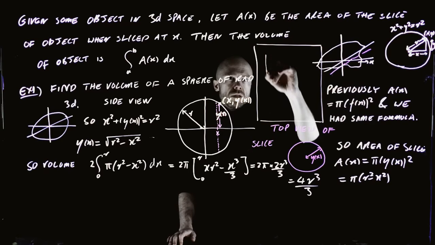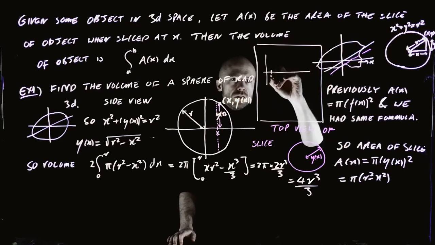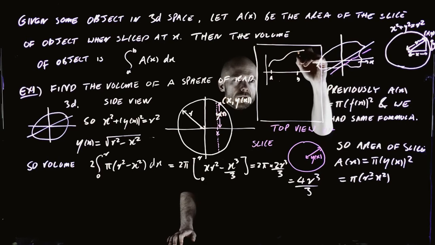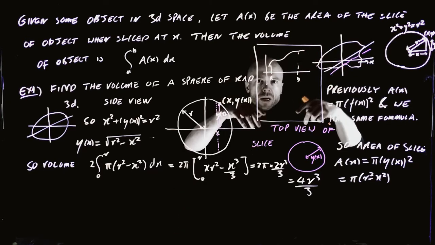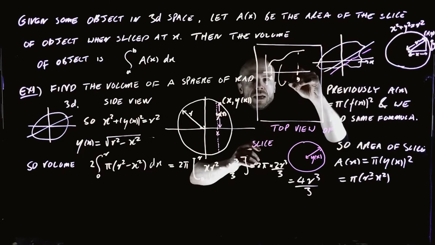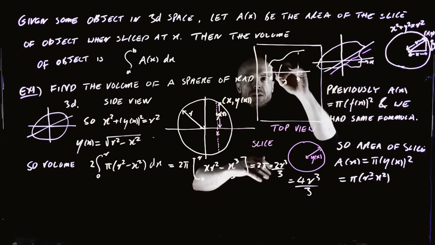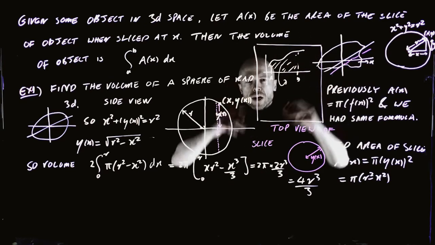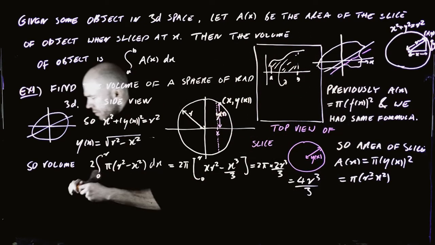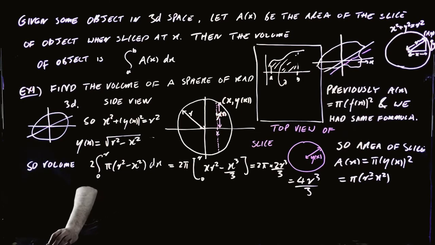So if we have some function defined over some interval a to b, and we rotate around an axis, imagine taking this thing and rotating it around. You're going to have this volume swept out. So we have this two-dimensional area underneath the graph, and we rotate it around. It's going to sweep out some volume. So let's try and give you an example.